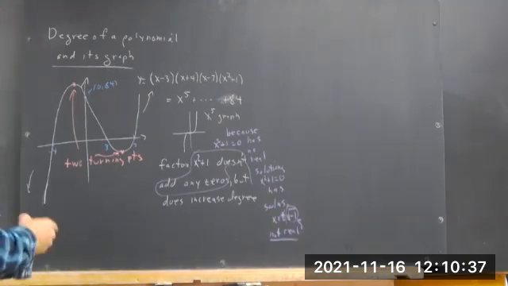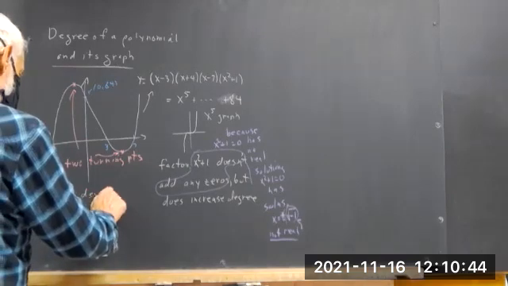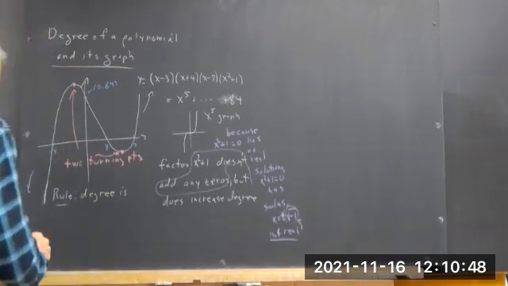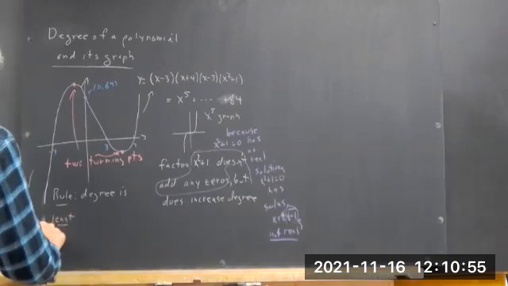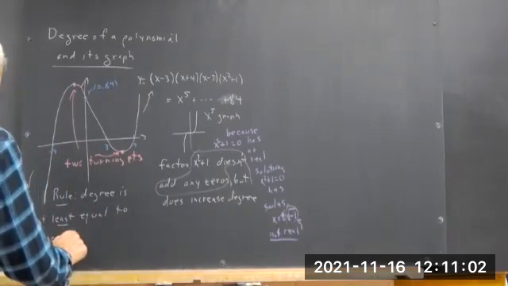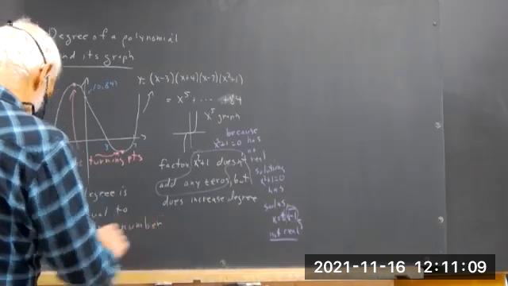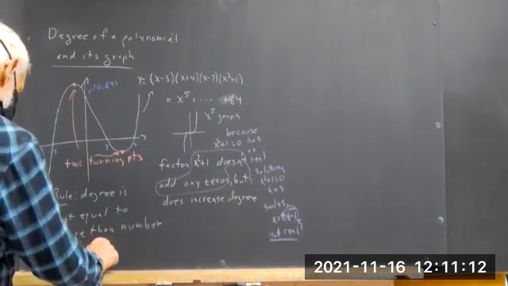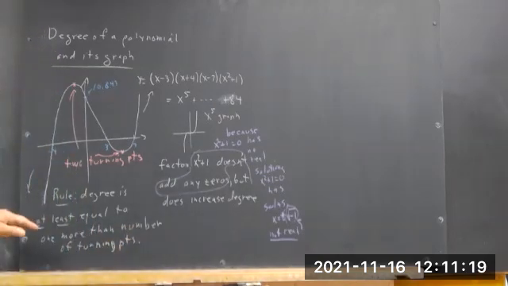Okay, well, here's a rule. The degree is at least equal to 1 more than the number of turning points.